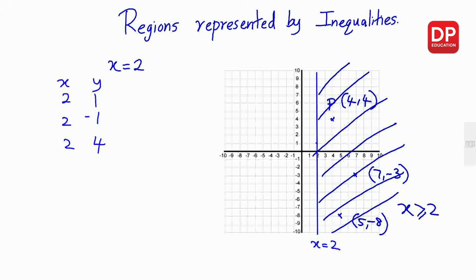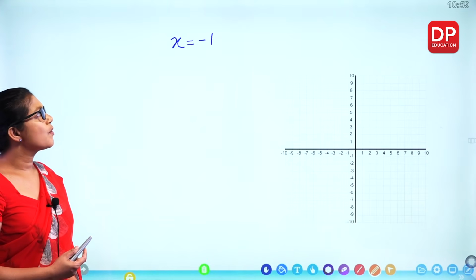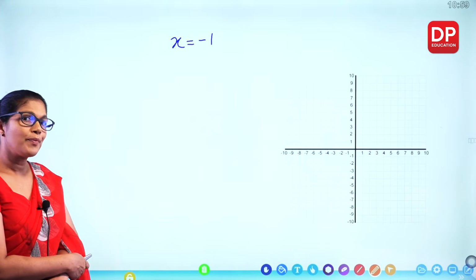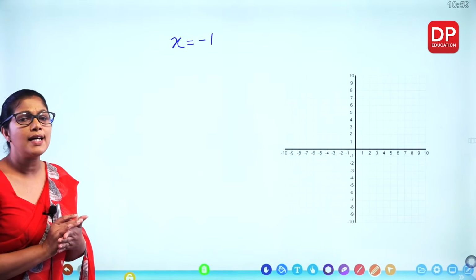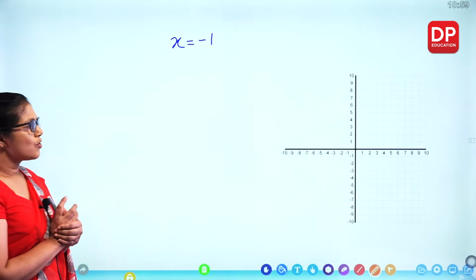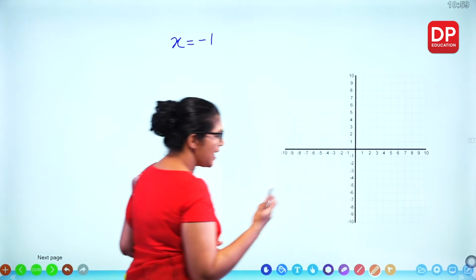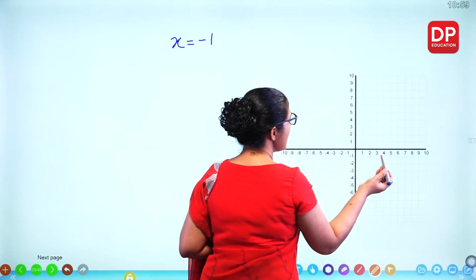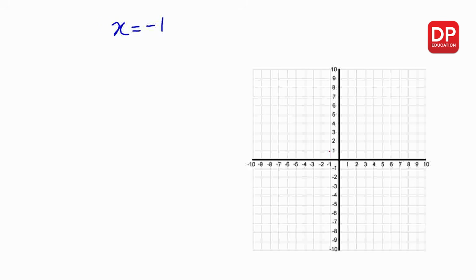So now we'll look at another example with x equals minus 1. Now we know when you get an equation like x equals something, it's a vertical line. So here always the x value should be minus 1. So you can take any point: minus 1, 1; minus 1, 5; minus 1, 9; minus 1, minus 3; minus 1, minus 7.